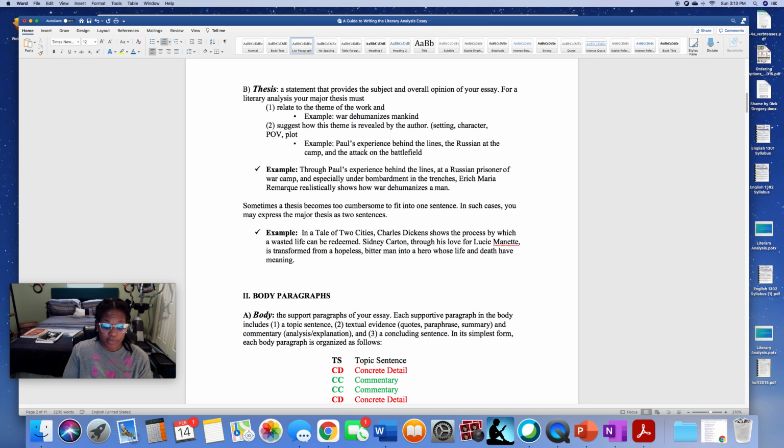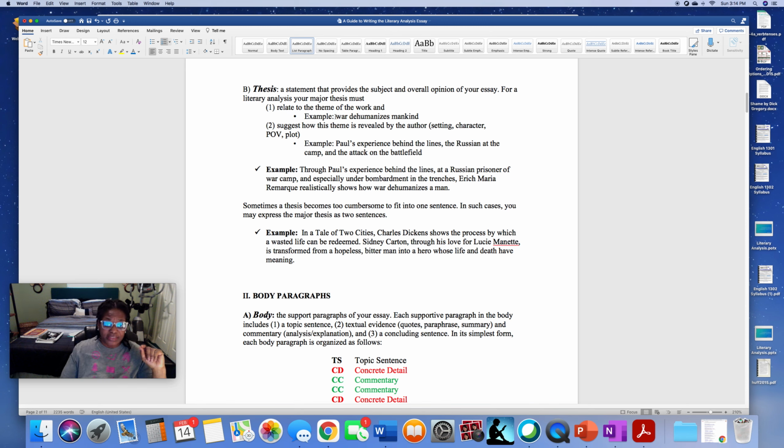or plot. All right, those are the four devices that I told you that you could write over for this initial essay. So the theme is going to be revealed through one of these four ways. It's either going to be through setting, through character, through point of view, or plot. Right?